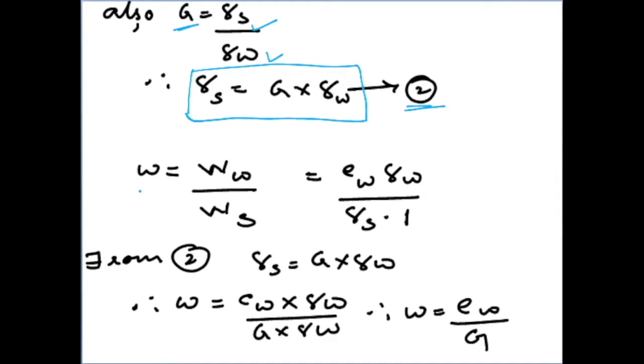Now what is water content? Water content is nothing but weight of the water divided by weight of the solids. Weight of the water can be written as e_w into gamma_w, and weight of the solids can be written as gamma_s into 1. So what we have done over here is represent these weights in terms of voids ratio and density.